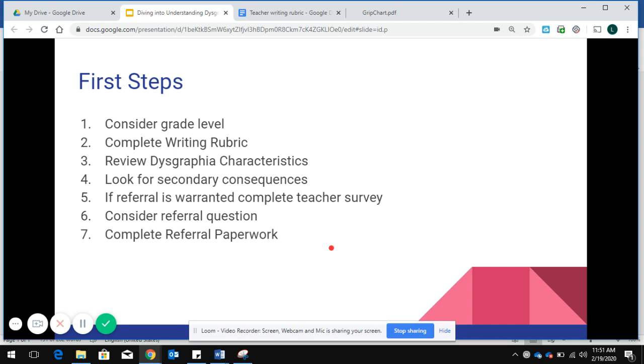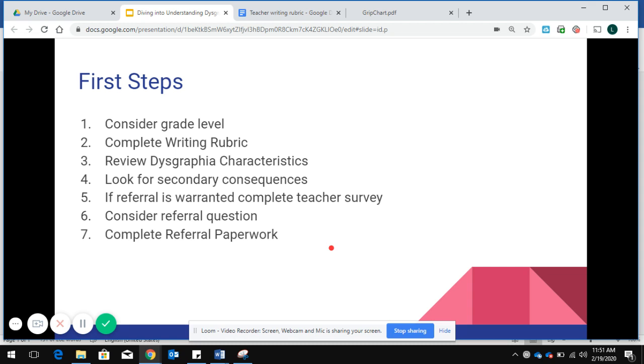Because remember that students with dysgraphia not only have average ability, but also have been exposed to handwriting. And after that exposure, their struggles with handwriting are unexpected because they know how to write the letters. It's just that they struggle forming those letters after they've been taught how to do it.